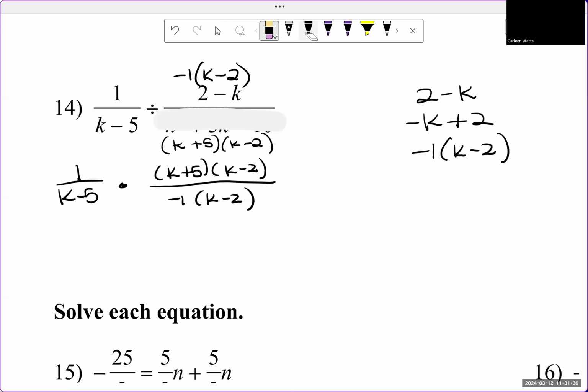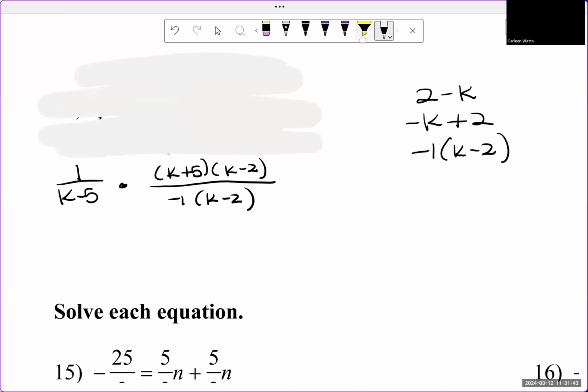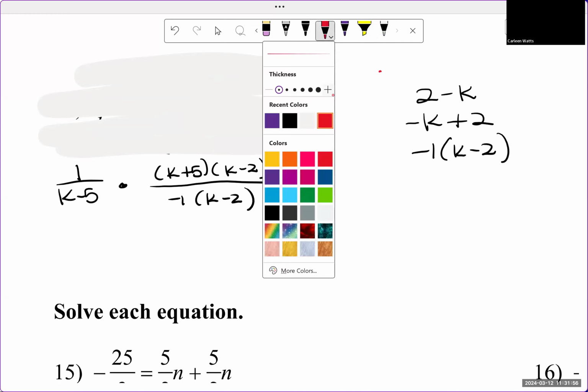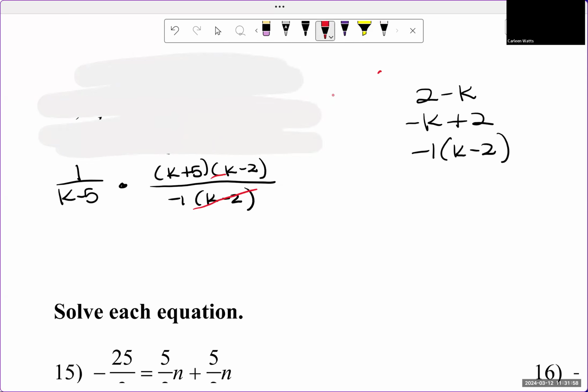It won't let me erase that. Anyway, okay, so I want this to go away so we can focus. So keep, change, flip. What's next? Cancel. Cancel. Poof and poof. Now, I would love to cancel those.